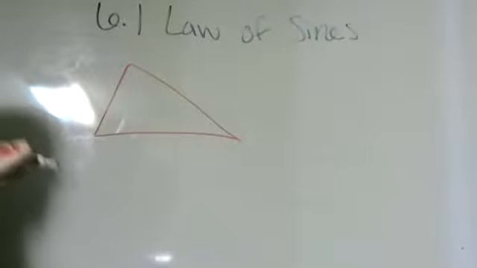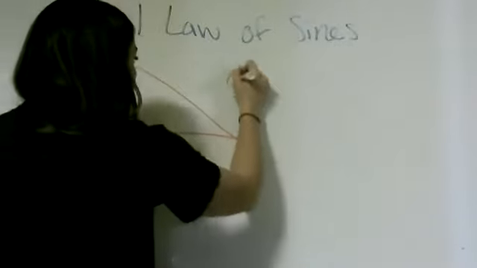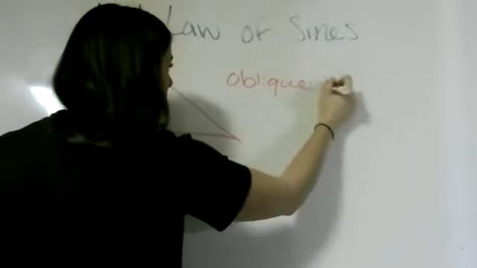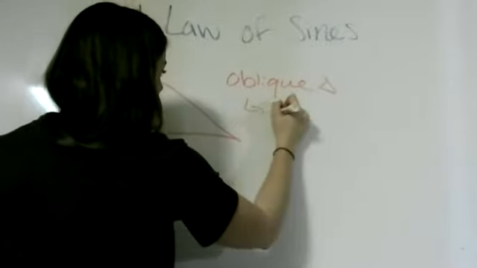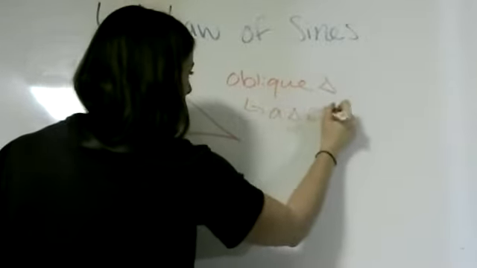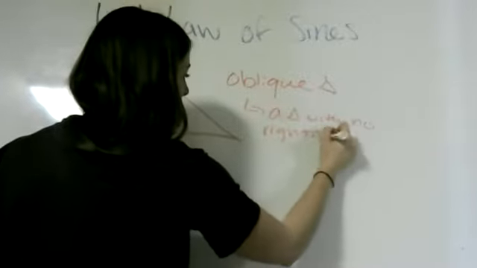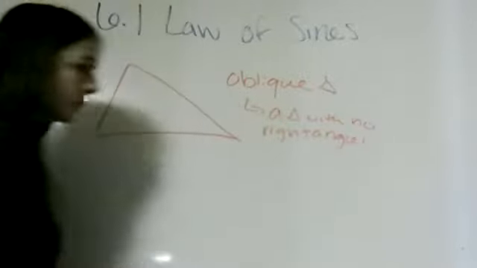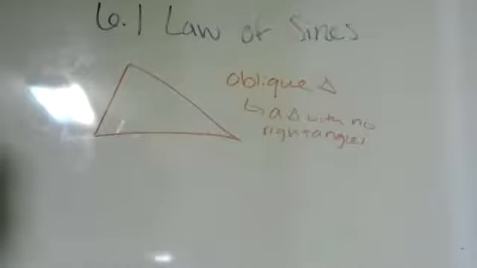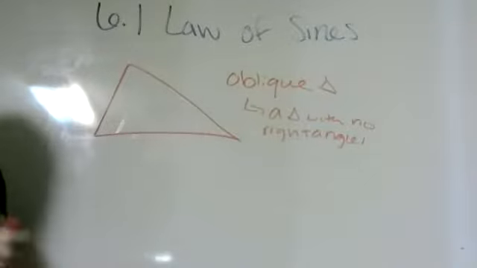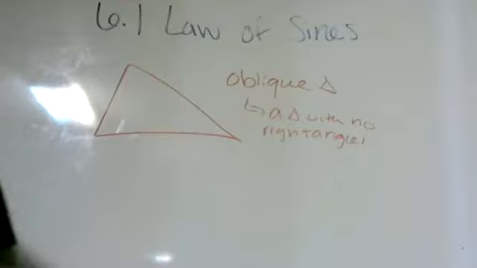This kind of triangle is called an oblique triangle. In short, this is a triangle with no right angles. There's a more in-depth definition, but in short, it really is just a triangle that's not going to have any right angles.